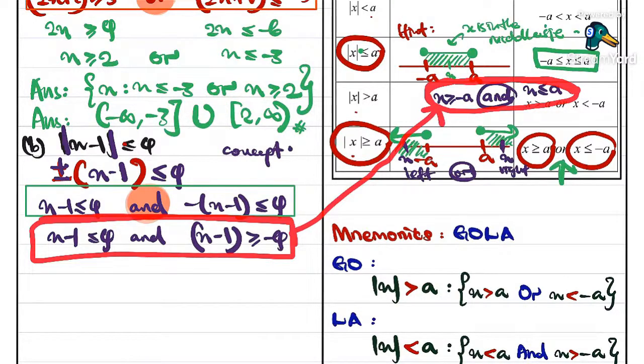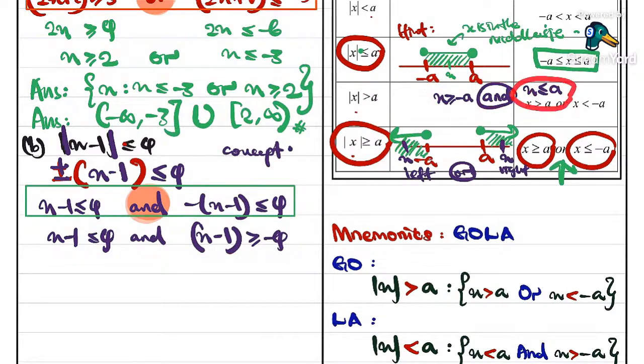Okay? So here goes. This is actually this part. Well, this one is actually this one. Okay? So, saya just nak menyatakan bahawa ini adalah la. That's all.